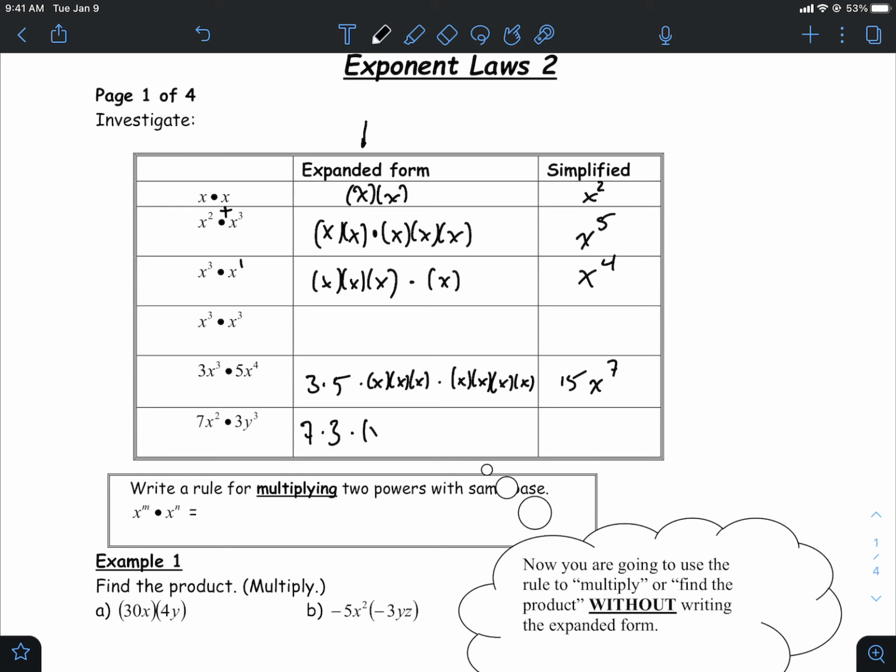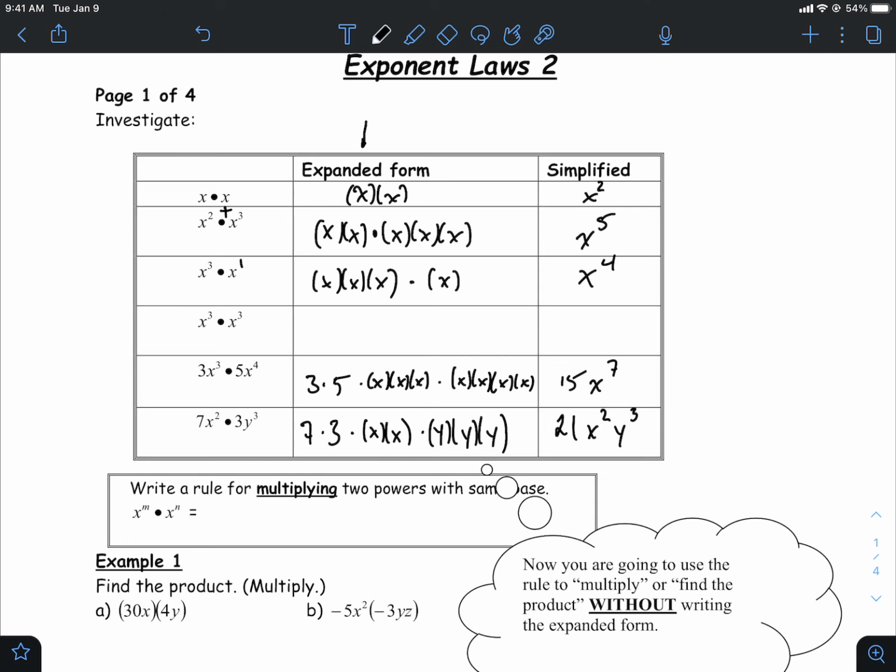And then I'd have an x times an x, and then I'd have a y times a y times a y. Okay, and so what do we land on? Well, 7 times 3 would be 21, x squared y cubed. That would be your new term, if you will.